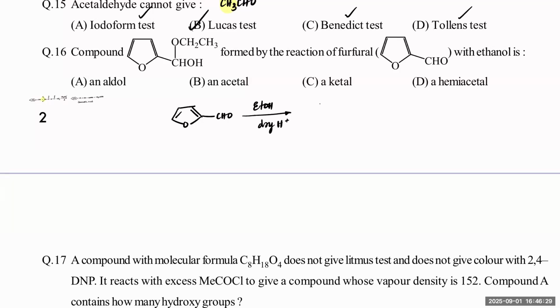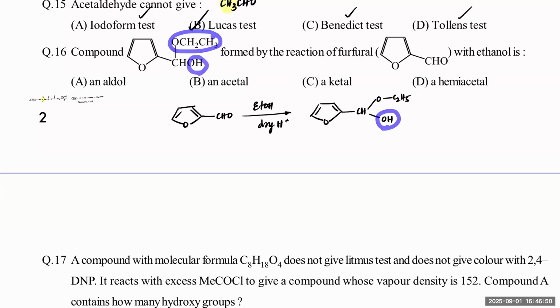So you will have to make a hemiacetal, which is the given product. Ethanol will be OC2H5, the other part will be OH, which is clearly what is given. This is ethoxy, and there is an OH group here, correct?